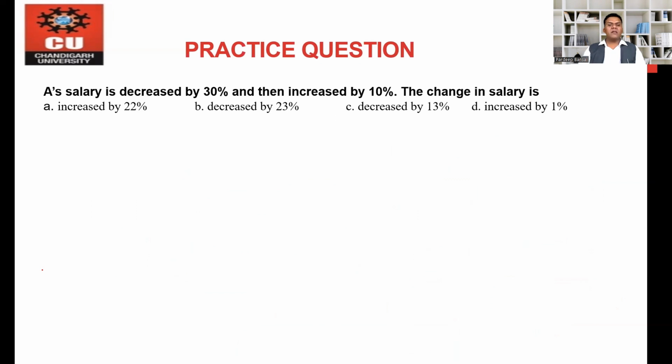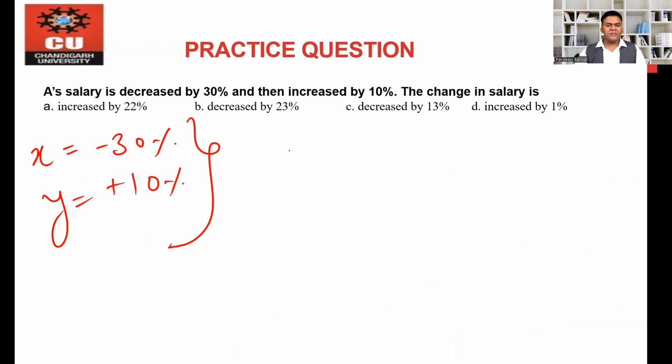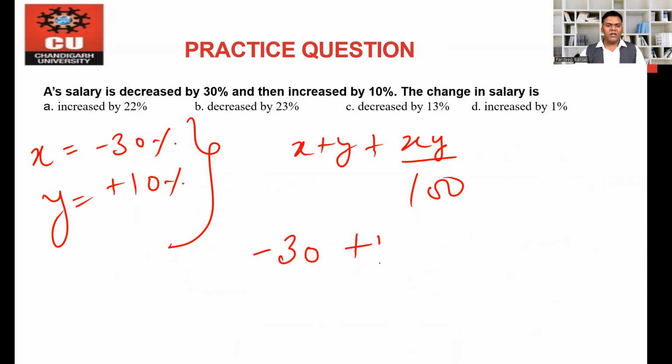A's salary is first decreased by 30% and then increased by 10%. So what is x here? Minus 30. Then it increases by 10, so that means plus 10%. The change in the salary is? So x plus y plus xy upon 100 for all the successive percentage increase decrease questions. x is minus 30, y is plus 10.